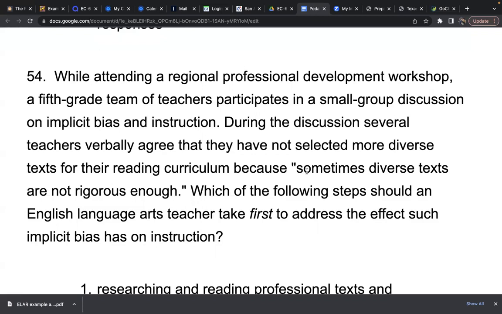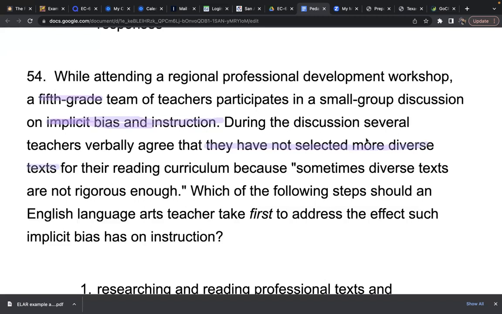We have a 5th grade teacher. Anytime there's an age group, grade level, we want to pay attention to it. The team of teachers, it's about implicit bias and how it impacts instruction. Implicit, it's just in us. And so some of them were agreeing that they have not selected diverse texts.